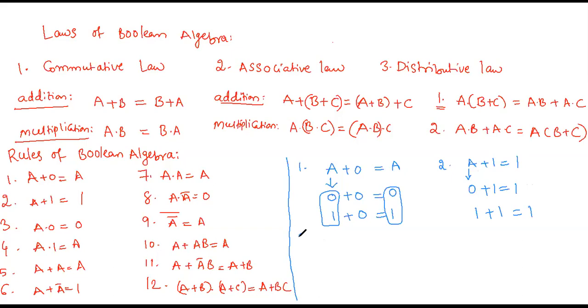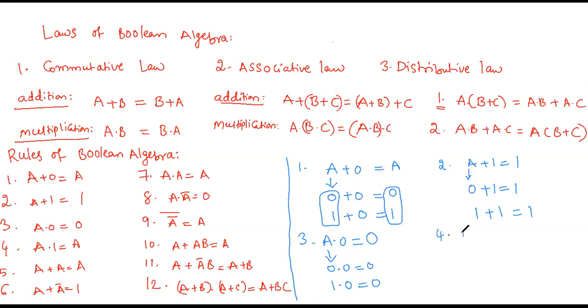Third one, A into 0, we need to prove this one. First take A is equal to 0 value, 0 into 0, 0. Next A takes 1 value, 1 into 0, 0. Whether A is 0 or 1, you are getting the result as 0. So you can generalize A dot 0 is equal to 0.